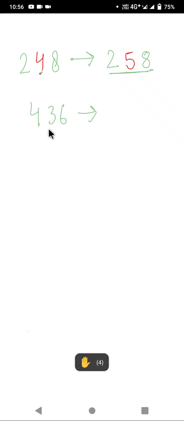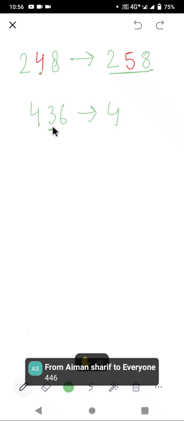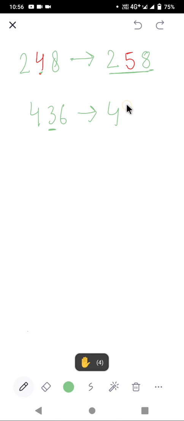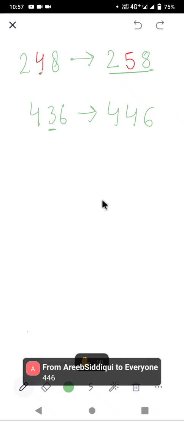Why? We have to add 1 in the tens place digit only. So it will be 3 plus 1. 3 plus 1 is equal to 4. So at the tens place we will write 4. Okay, and the ones place digit will remain the same. Okay, so 10 more than 436 is 446.